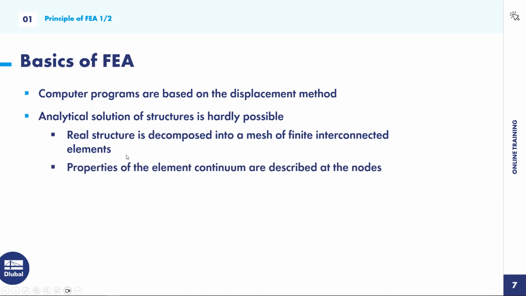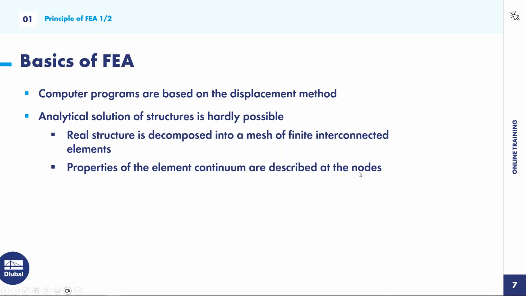In this decomposed structure, you get all the properties of the element's continuum, as you call it, at the nodes. So you decompose your structure into the mesh, and at the mesh nodes, you calculate all your results.